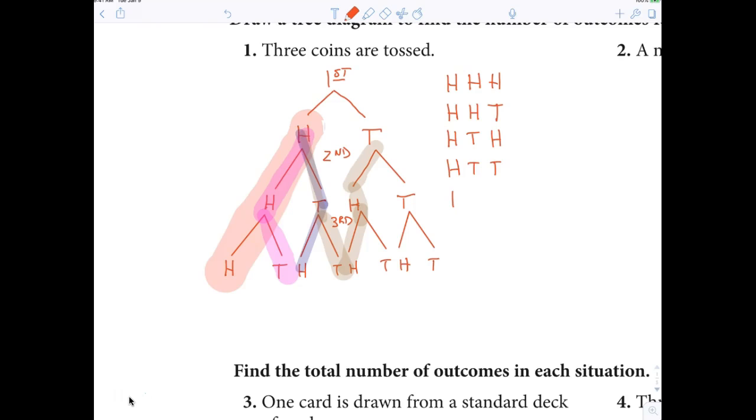Heads. So T, H, H. Then what? T, H, T. T, T, H. And then T, T, T. And guess how many outcomes there are there? 8 different possible outcomes. All right.